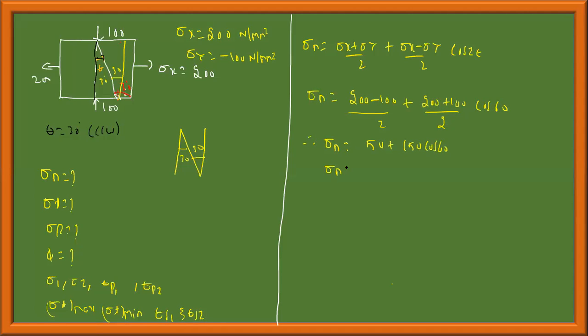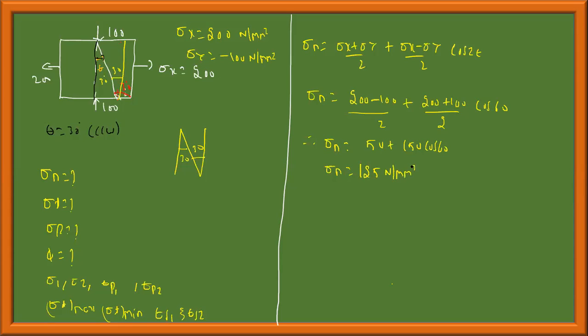Can you tell me what is sigma n? 125 MPa, Newton per mm square.